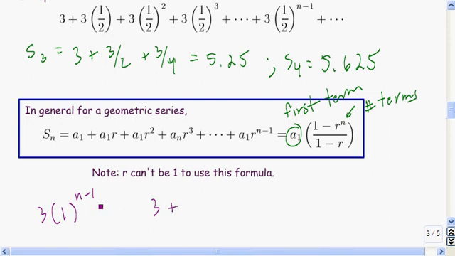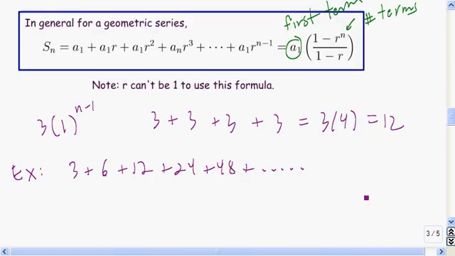When n is 2, I get 3. When n is 3, I get 3, etc. So if r is equal to 1, then each term is going to be the same, however many terms you have. So that would be 3 times 4, or 12. Okay, so that's what it would look like if r were equal to 1.